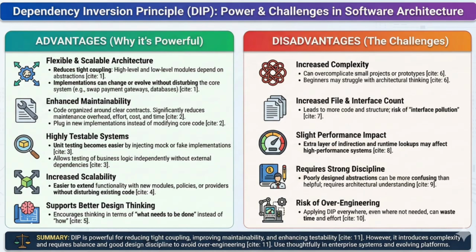DIP also encourages event-driven, contract-first, interface-first thinking in microservices rather than service-to-service dependency thinking. It helps architects think from a business perspective, what behavior needs to happen, instead of which service should I call directly.